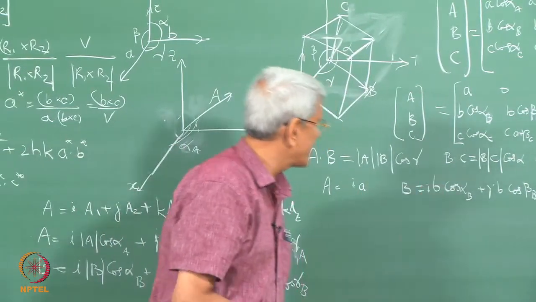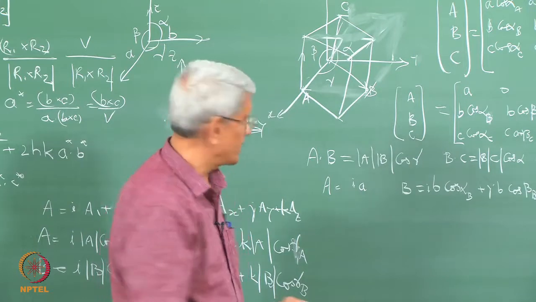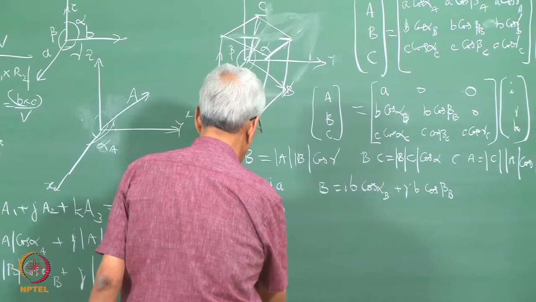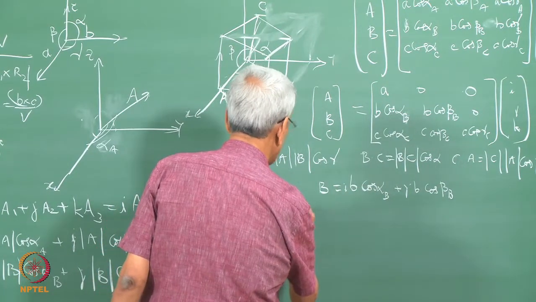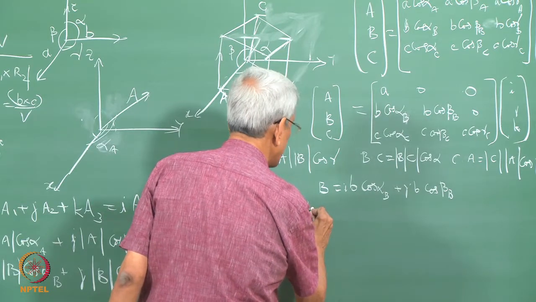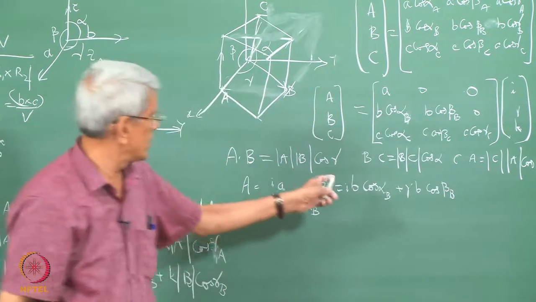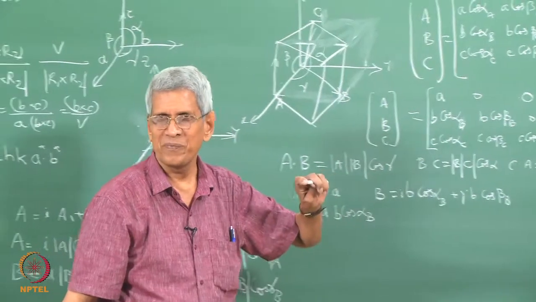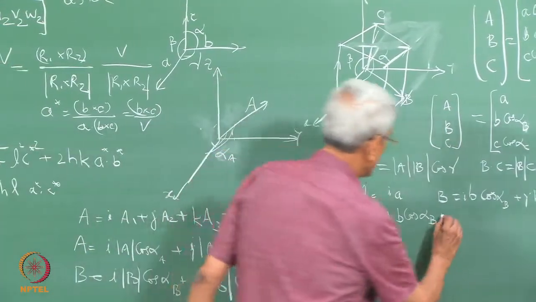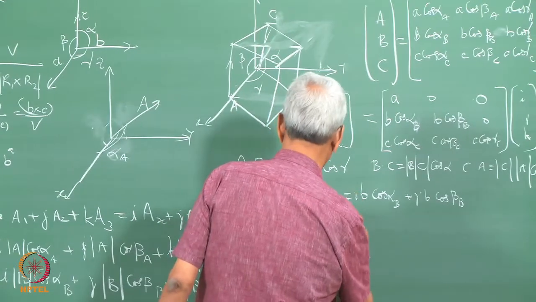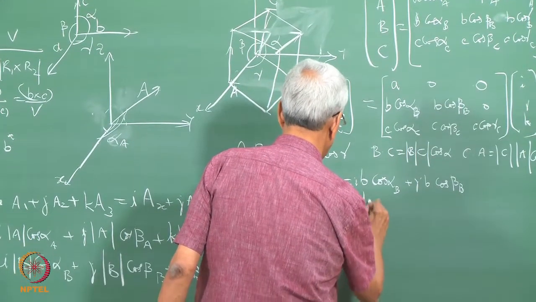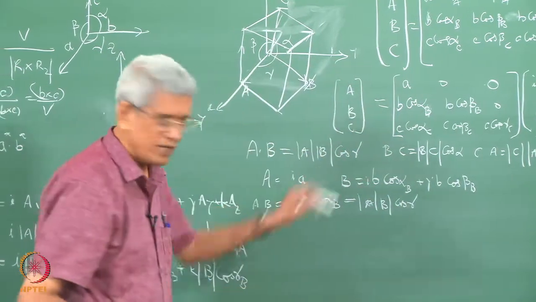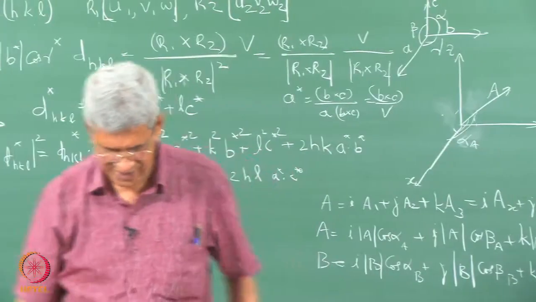If we take A dot B, this will turn out to be A into B cos alpha B, because i dot i is 1 and i dot j equals 0. So, now we have this expression. This can be equal to modulus of A into modulus of B into cos gamma. This modulus is AB.